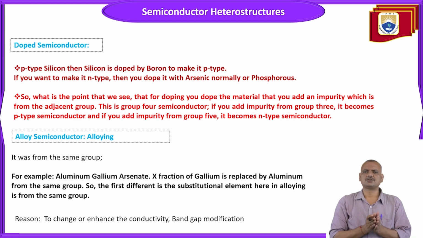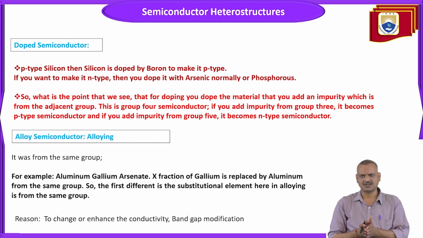If you want to make an n-type or p-type doped semiconductor, you dope with adjacent group material. This is a group 4 semiconductor, and if you add an impurity from group 3 it becomes p-type, and if you add an impurity from group 5 it becomes n-type. That is the basic fundamental thing about doped semiconductors.